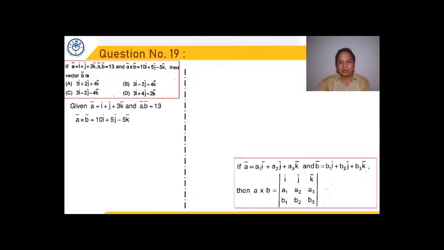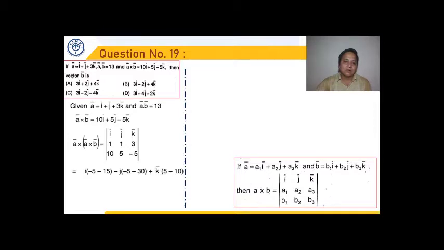So how do we find A cross (A cross B)? Two vectors are given. We apply the determinant method: first row ijk, then one vector's coefficients, then the second vector's corresponding coefficients. So let's find A cross (A cross B), because we know vector A cross B. So it's ijk, A vector coefficients 1, 1, 3, and A cross B is 10, 5 and minus 5. So we expand this. Now this is i into minus 5 minus 15.